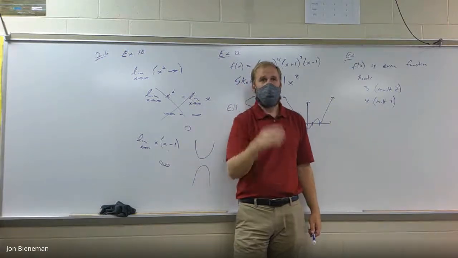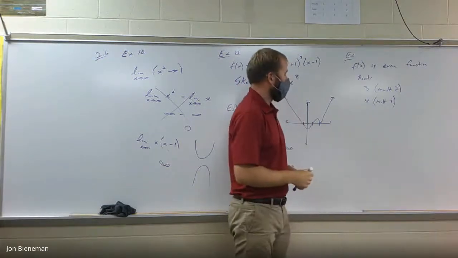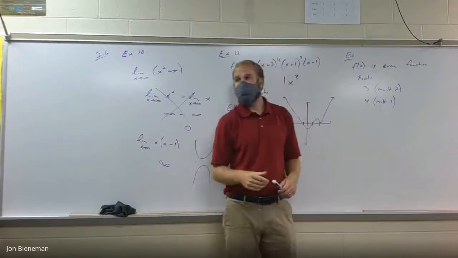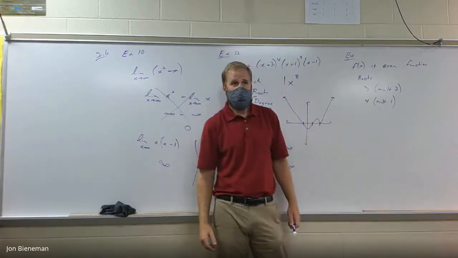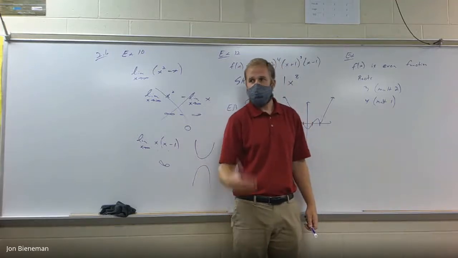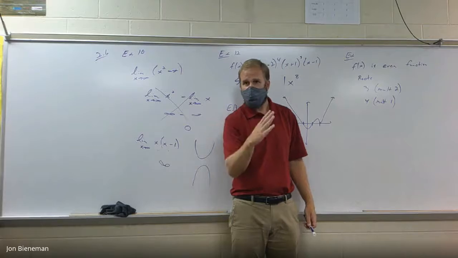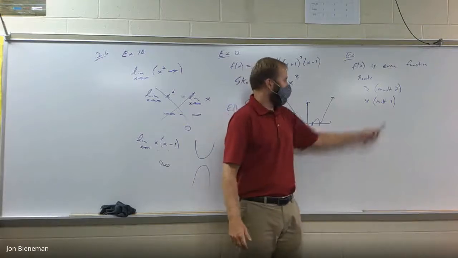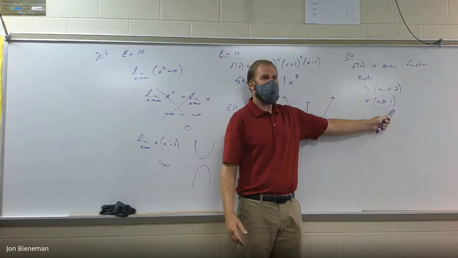I was kind of generous on this one because I gave you multiplicities that hopefully stuck out as going, well, that doesn't look like it's even, right? I could have given you this multiplicity of 6 or something like that.